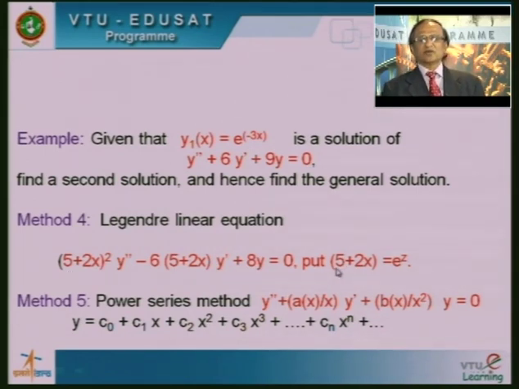What do we want to substitute? Put 5 plus 2x is equal to e to the power z. I am going to replace 5 plus 2x by e to the power z. This implies z is equal to log of 5 plus 2x. By using this method, I can find the solution of this differential equation, and we call this the Legendre linear equation method.